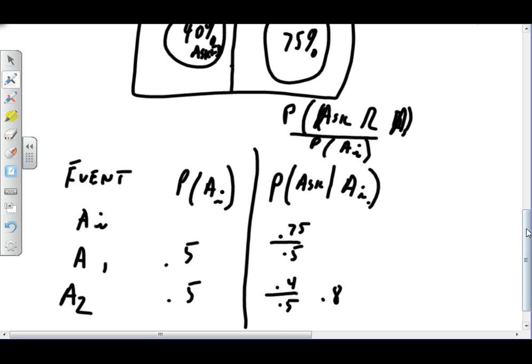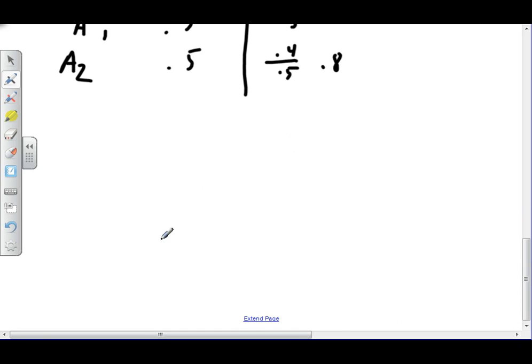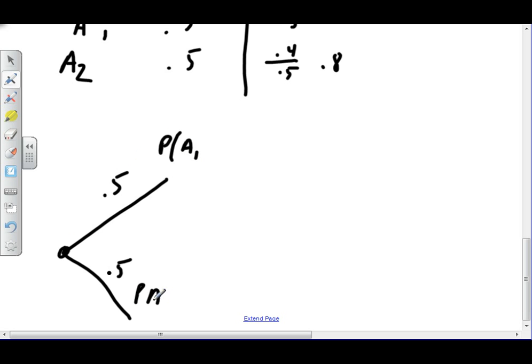Let me try to do it somehow differently. All right, so I start here, and I'm 50-50. Percentage A1, percentage A2.